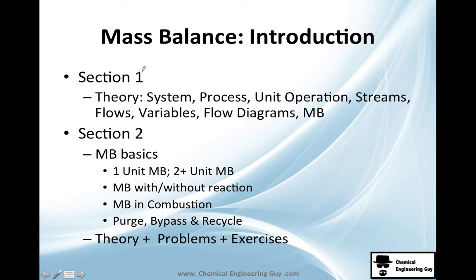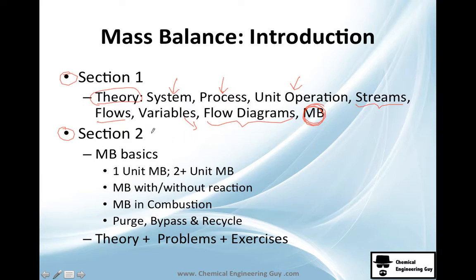The first chapter we're going to see is divided in two sections, section 1 and section 2. Section 1 in general is super important for the theory. If you don't understand what a system is, what a process is, what a unit operation is, streams, flows, state variables, setpoint variables, flow diagrams, etc., you will not understand how to actually do a mass balance.